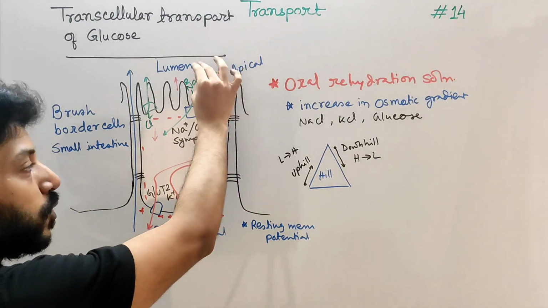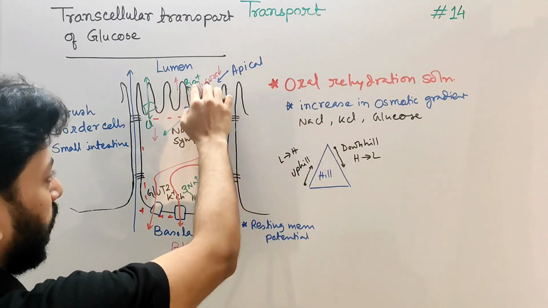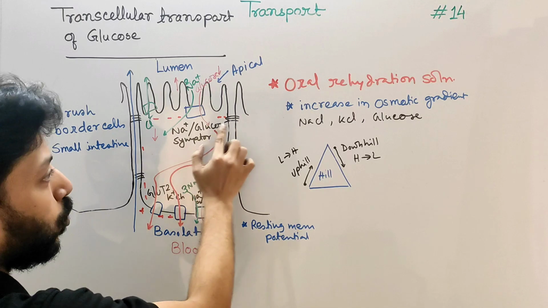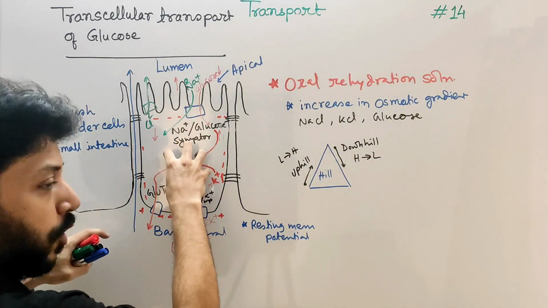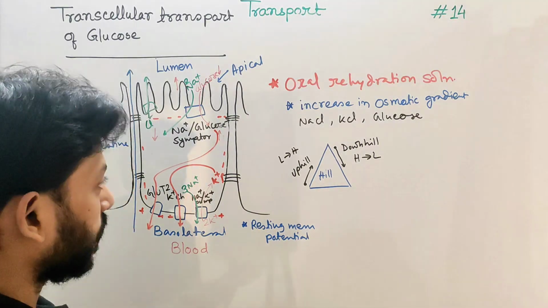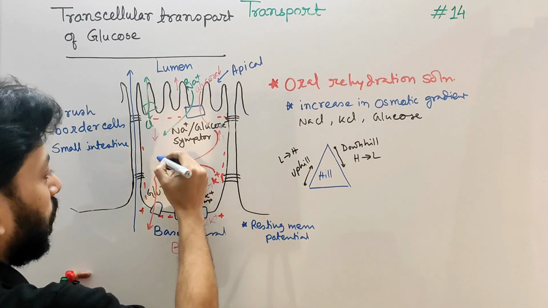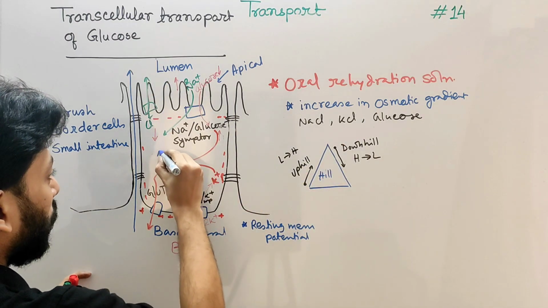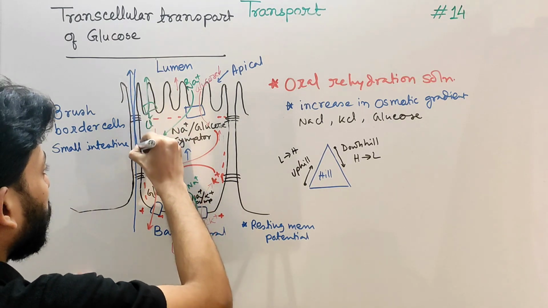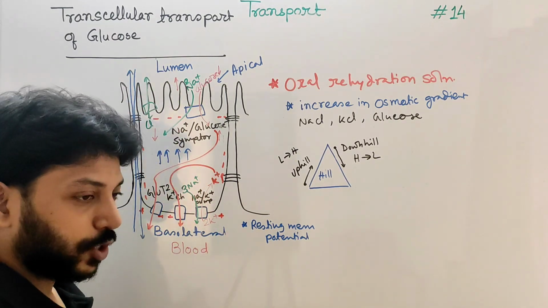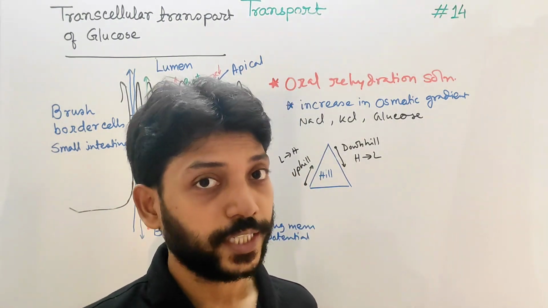So water comes here, and through the importer, as I have mentioned, sodium and glucose enter, and in this way the osmotic pressure gradient increases inside the cells, and water then moves through this tight junction into the blood, and that prevents dehydration, which can cause diarrhea and ultimately death.